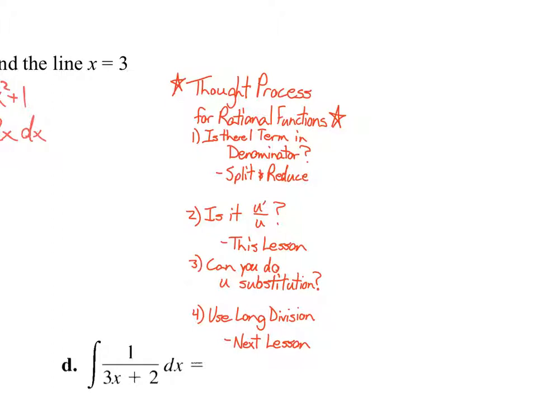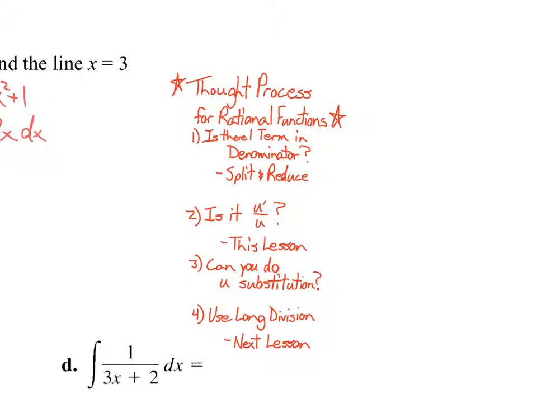And if it's not exactly, can you do u substitution? So the second and third, that's what we're doing in this lesson. If you can't do u substitution right away, and you can't just multiply by a constant to do u substitution, then what we'll do, a little bit tomorrow or later, is some polynomial long division.